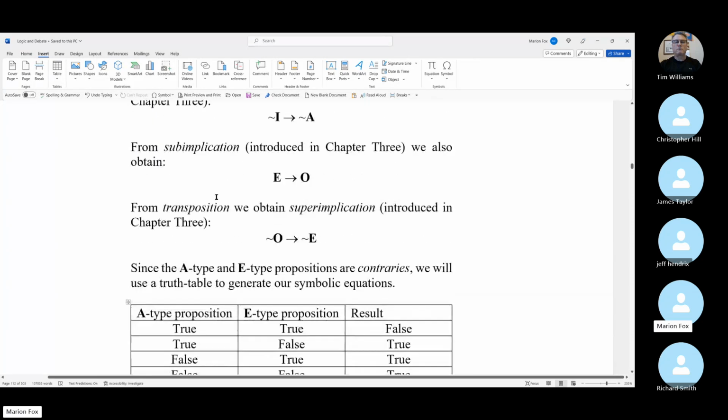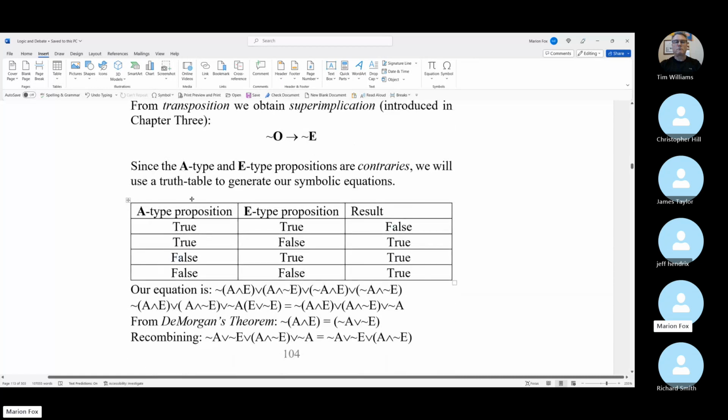So let's go back now and we'll make a truth table, which is all the possible combinations you can get. So the A-type proposition, if it's true, and the E-type proposition is true, then that can't happen. So they can't both be true and get a result that's true. So we get a false condition. Now, it is possible, however, that the A could be true and the E false.